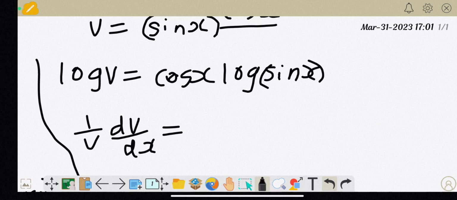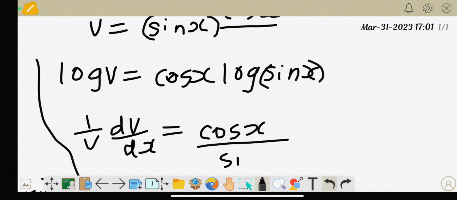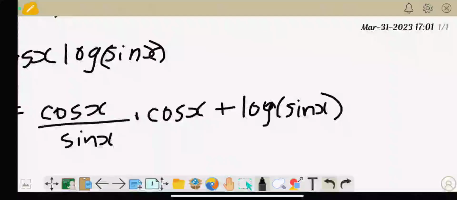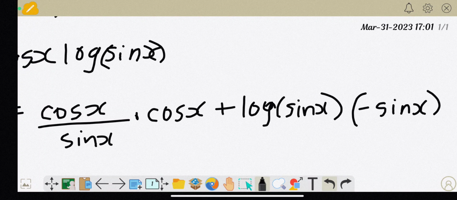Cos x is first, differentiation of second: differentiation of log sin x is 1 by sin x, differentiation of sin x is cos x, plus second into differentiation of first. So log sin x as it is, and differentiation of cos x is minus sin x. After that, we'll just simplify it. Question number 9, right?